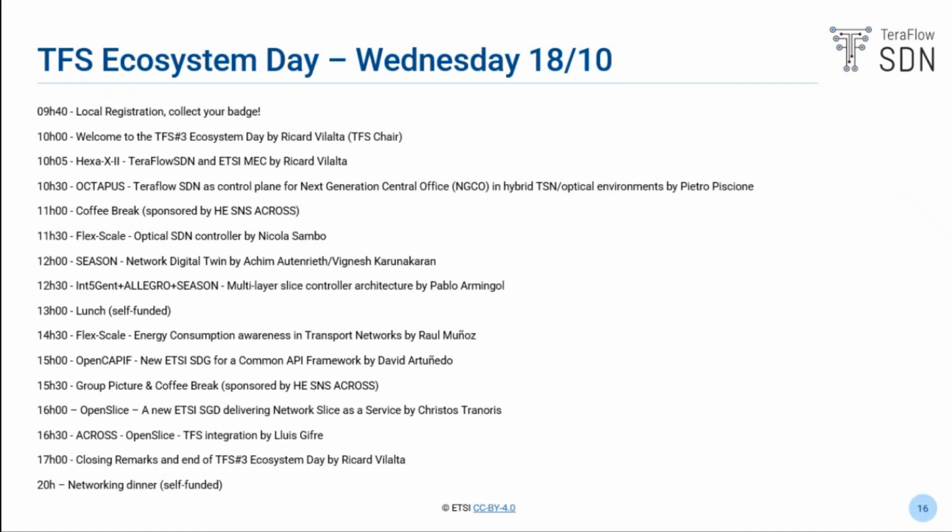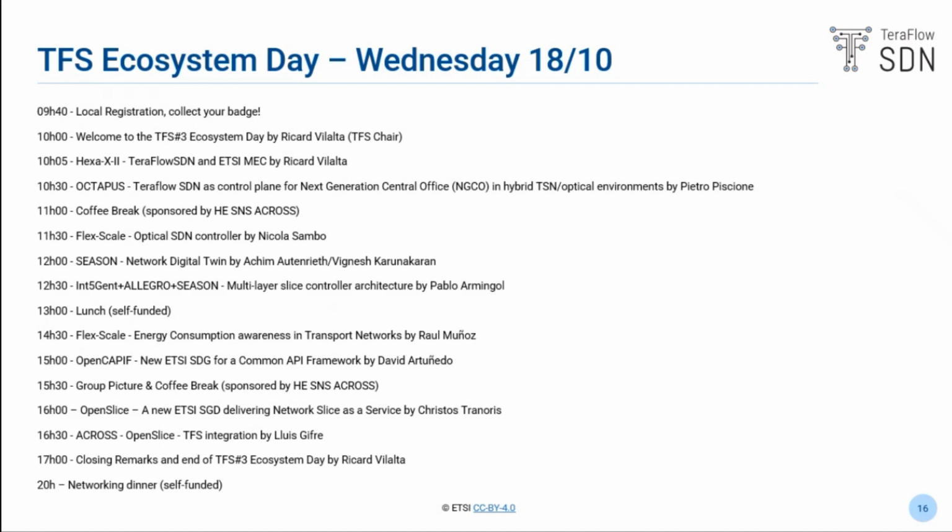For today, we have a very nice agenda of different speakers. You will hear me again talking about some of the things that we're doing in XX2 and with TeraFlowSDN and HCMEC. But then we will be jumping to a presentation from the Octopus project, then one from FlexScale, one from Season, and later on a demo of 5Gen, Allegro, and Season.